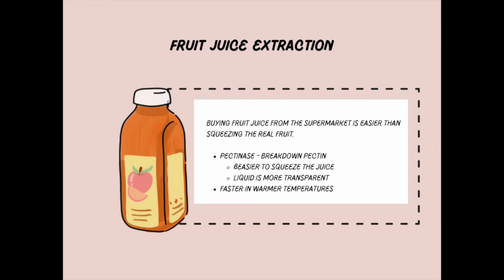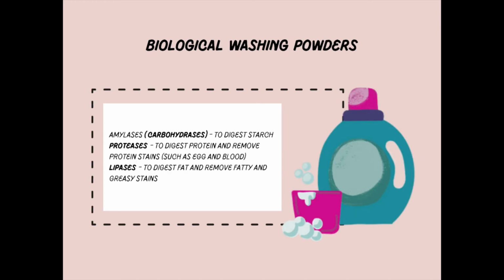Pectin is a substance which helps to stick plant cells together. Other than releasing sugars in a solution from the fruit as they squeeze it, it also makes the liquid extract transparent or more clarified. Since this is using an enzyme, it'll be faster if it is done in warmer conditions than in cold conditions because of enzyme activity.